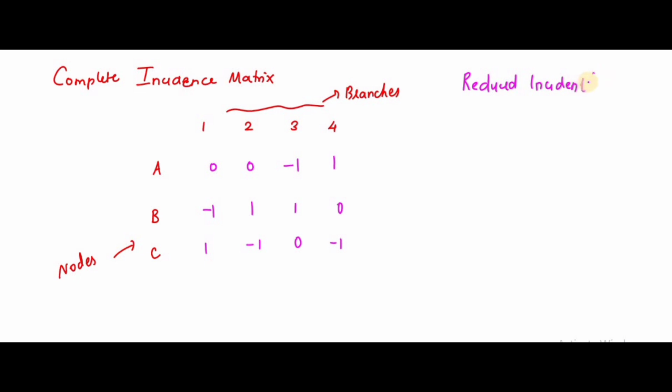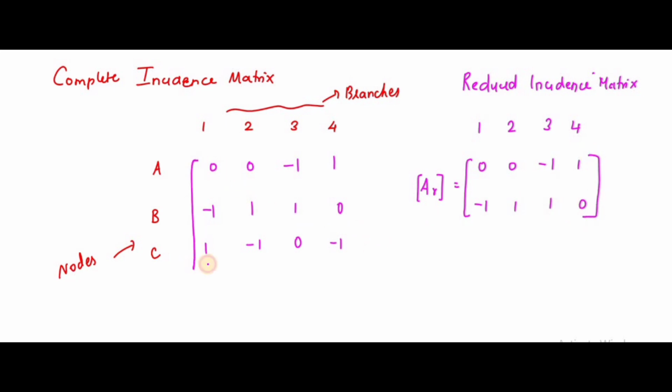Next, the reduced incidence matrix: you delete one row from the complete incidence matrix. I have deleted the C row. So this is how the matrix is, and this matrix is called the incidence matrix, AR.